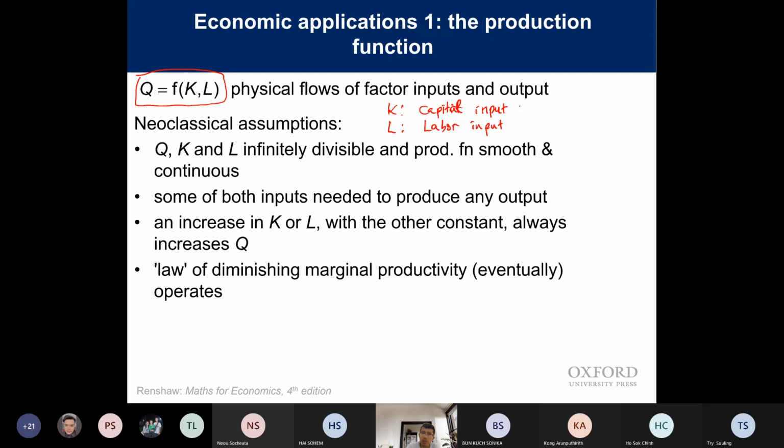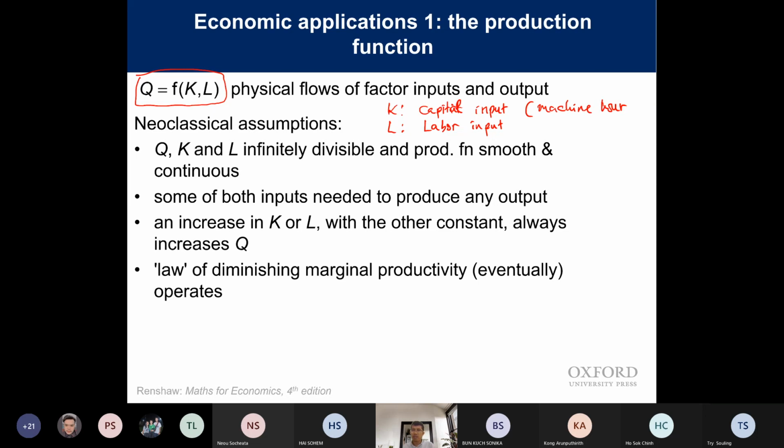Usually you may think of capital input as machine hours, right? How many hours for the operation of the machine, because in production we need machines to produce something, and at the same time we need people to operate them.